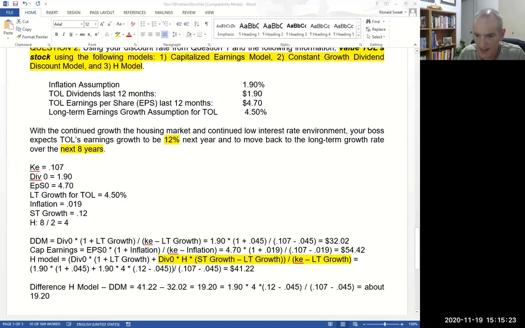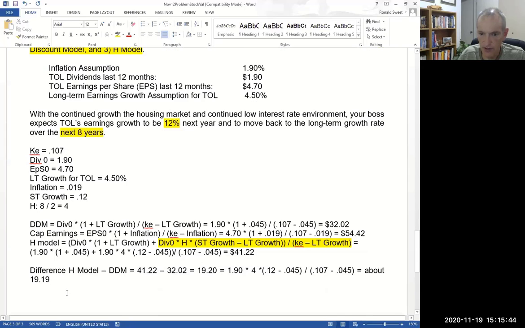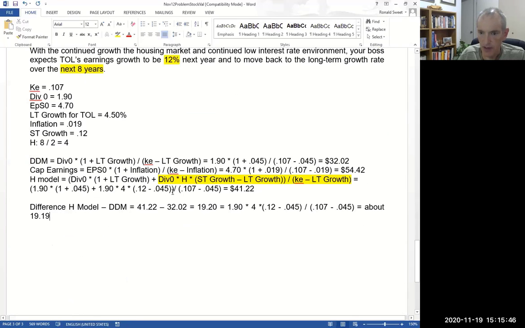And it's 19.19. There's just some rounding going in here. I'm not sure what the rounding issue is, it must be just barely off a penny. So 19.19, 19.20, but there's some rounding in one of these two numbers. As long as you're within a penny, you should be fine. So there's your answers here.